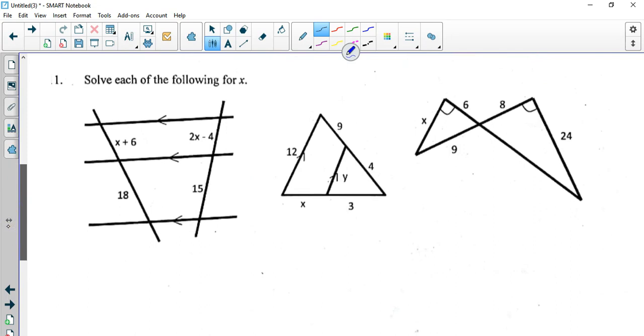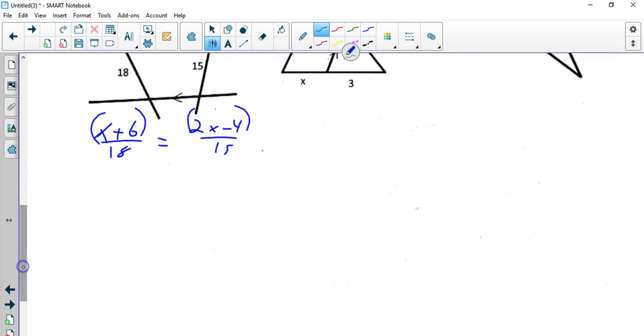Again, since these are parallel, we can just set up our fractions right here. Nice little trick. X plus 6 over 18 equals 2x minus 4 over 15. Again, remember, put these in parentheses to make it easier to remember. 15 times x plus 6 is equal to 18 times 2x minus 4.